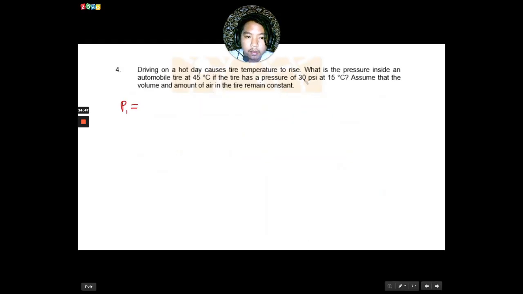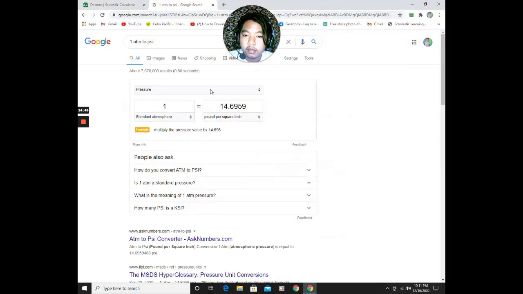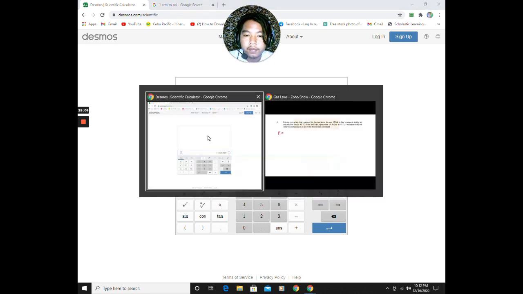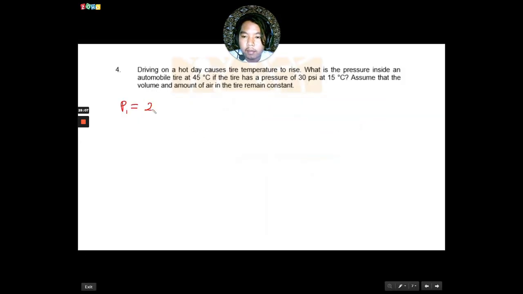So 30 psi divided by 14.7, that's roughly 2.04. So let's use atm. 2.04 atm.